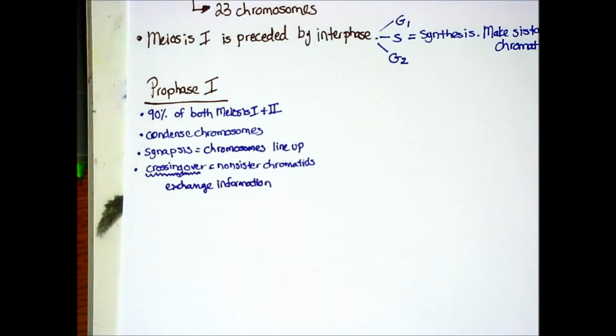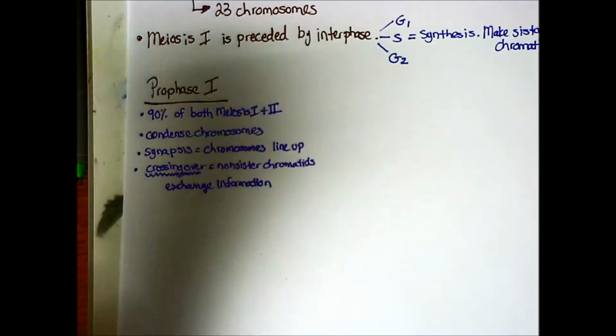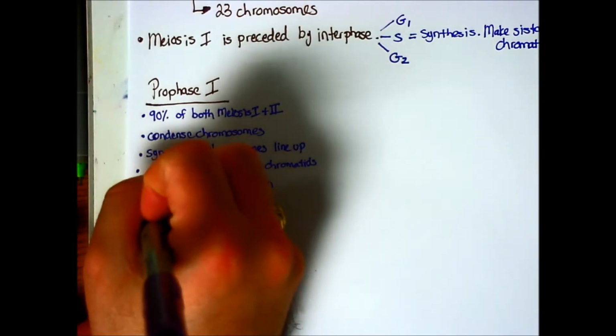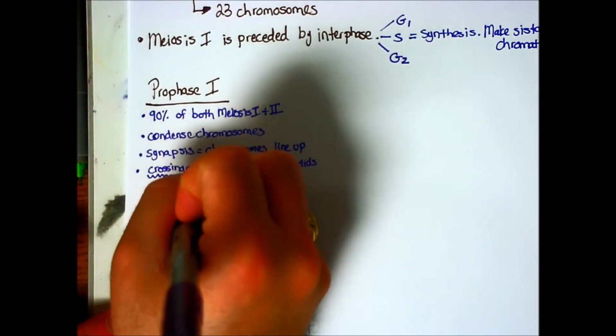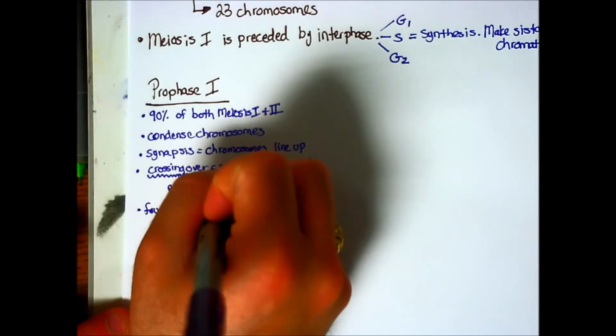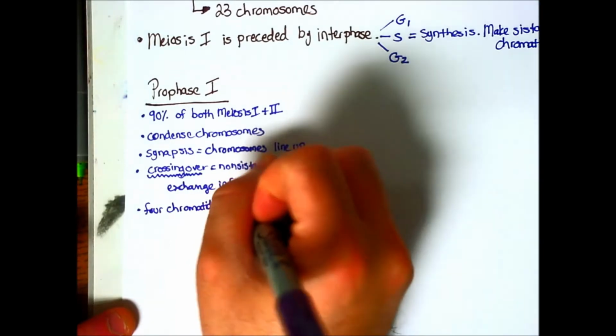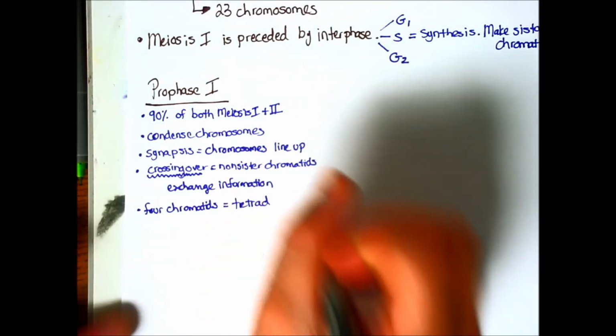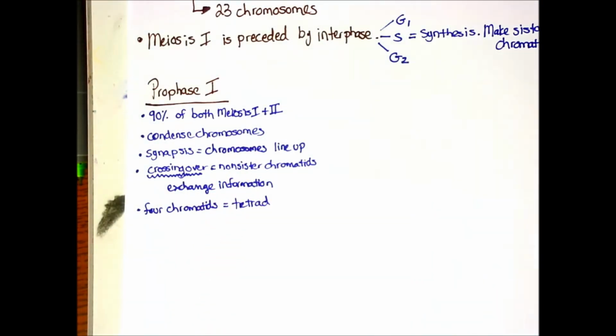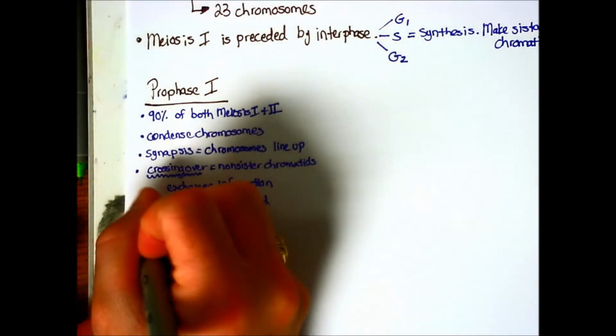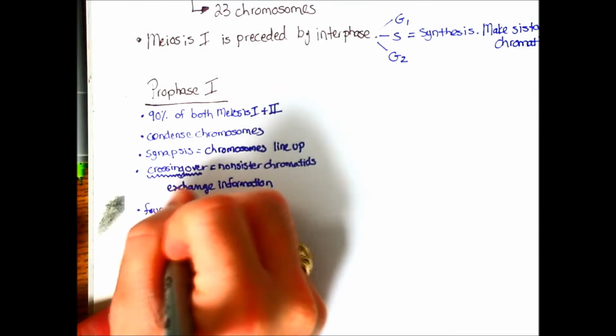That's like homologous chromosomes. So one from the dad and one from the mom exchange information. That's correct. Yes. Gene for gene, they line up. These four chromatids that are all together constitute something called a tetrad. And the crossing over event is something that happens at the chiasmata.